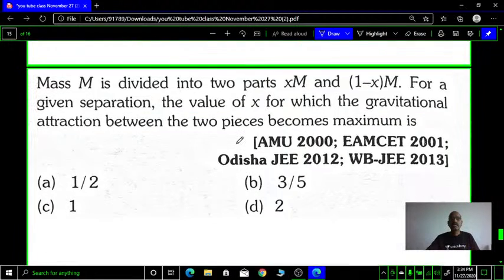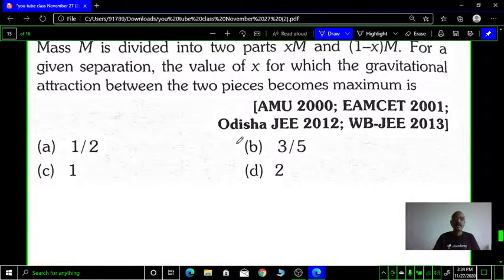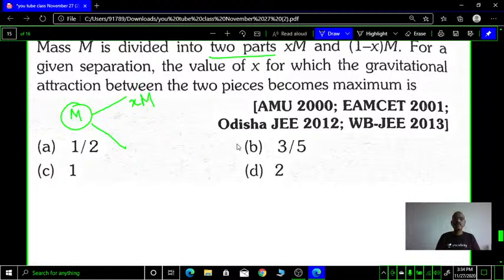Yes. Let us go to the next and the last one. The mass M is divided into two parts. One is xm, another part is 1 minus x into m.